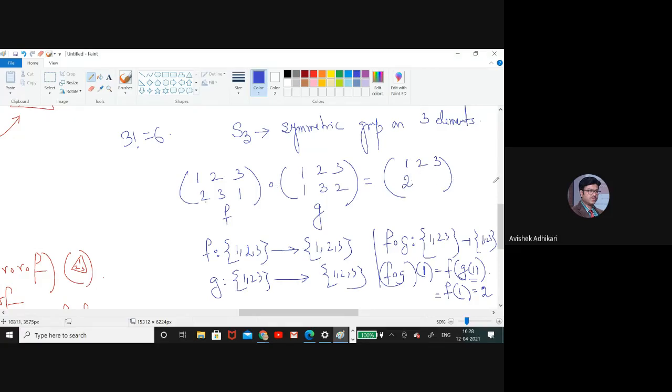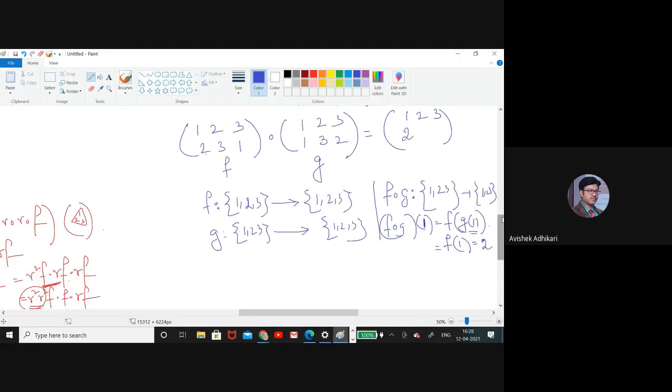That means after composition, 1 goes to 2. Clear? Similarly, if I have f composed with g of 2, what is this? That is f of g of 2. What is g of 2? g of 2 is 3, and f of 3 is 1. So it becomes 1.